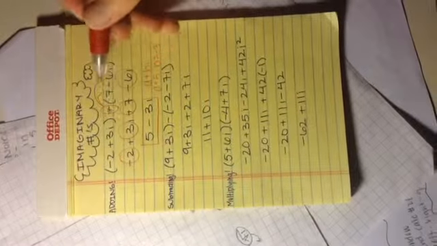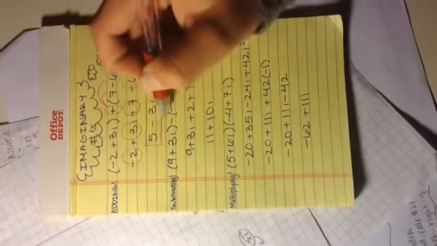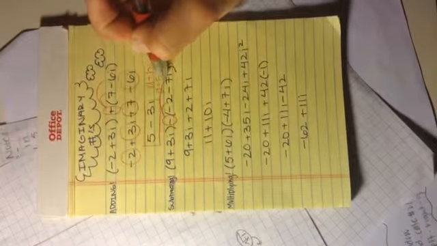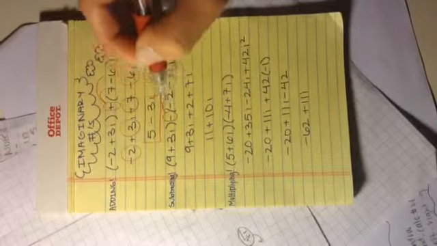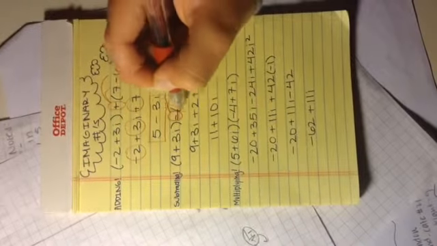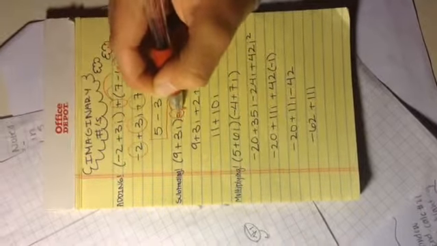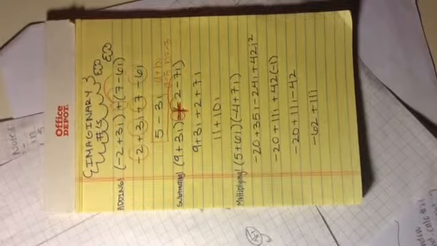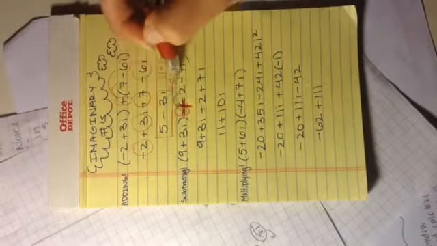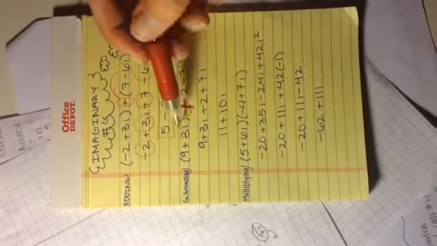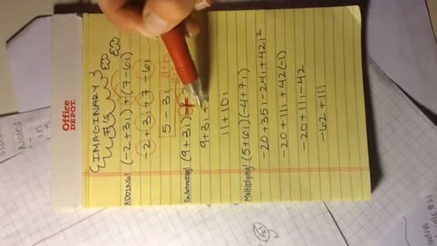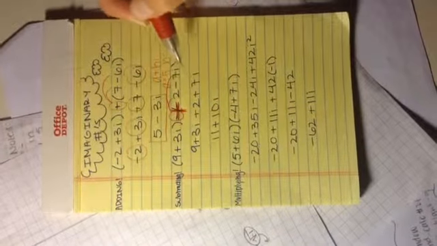Now in subtracting, we do the same thing as addition. We distribute this sign to these two numbers. So a negative times a negative equals a positive. I just see it as turning the two negatives into a plus sign with the parentheses. And then same here, a negative times a negative is a positive. So our new equation becomes 9 plus 3i plus 2 plus 7i.